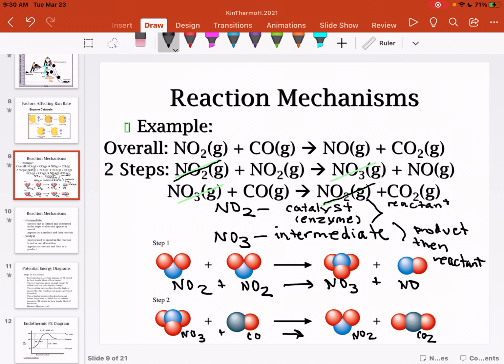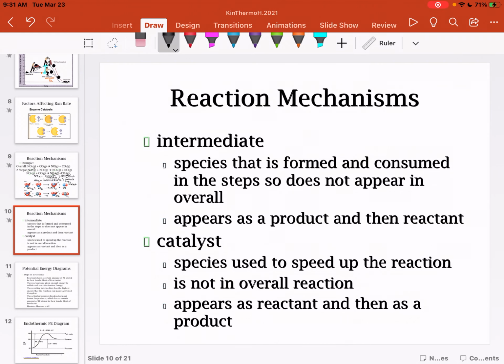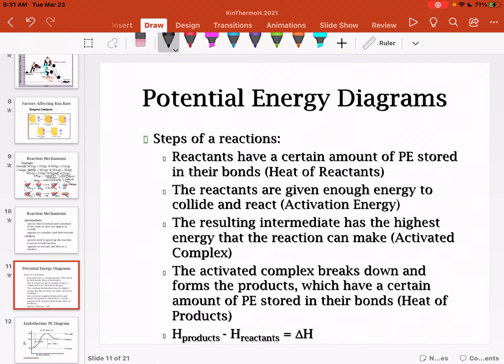And it appears to be consumed, but then later it's regenerated as a product so that if necessary, it could be reused as a catalyst in the future. So we can see that even though NO2 and NO3 were both canceled for our overall reaction, they were not created equally. So now here you have intermediate and catalyst are defined for you right here.